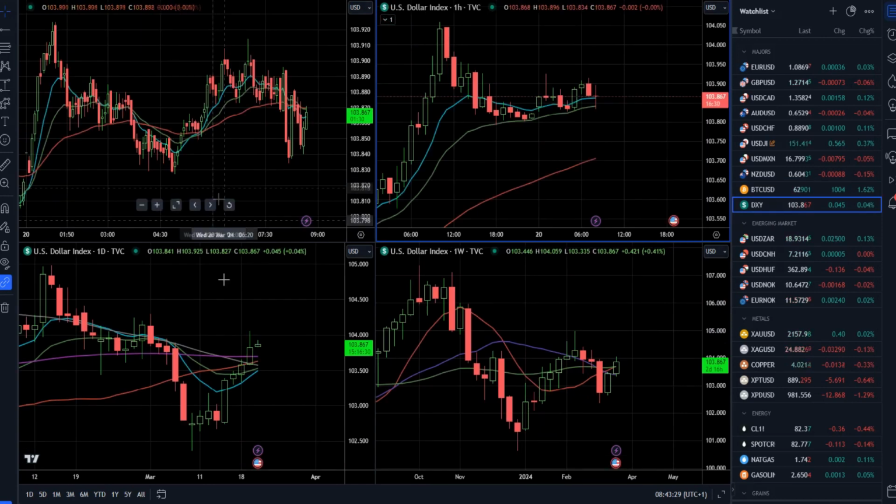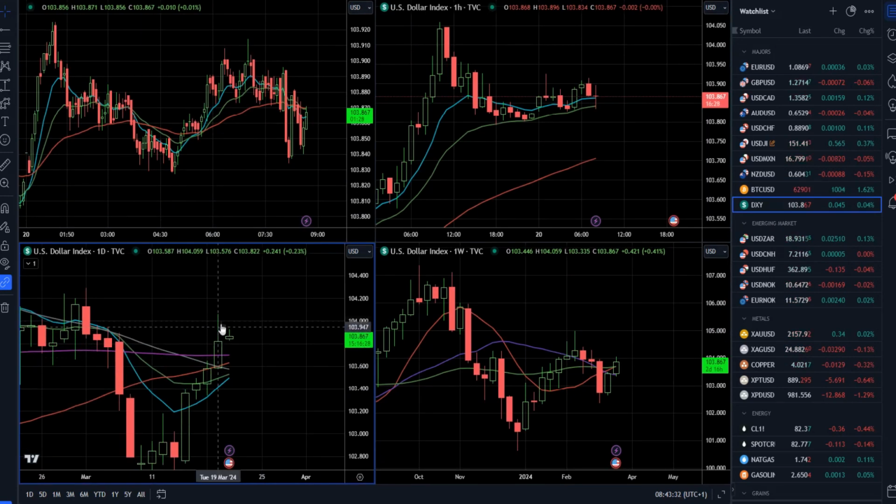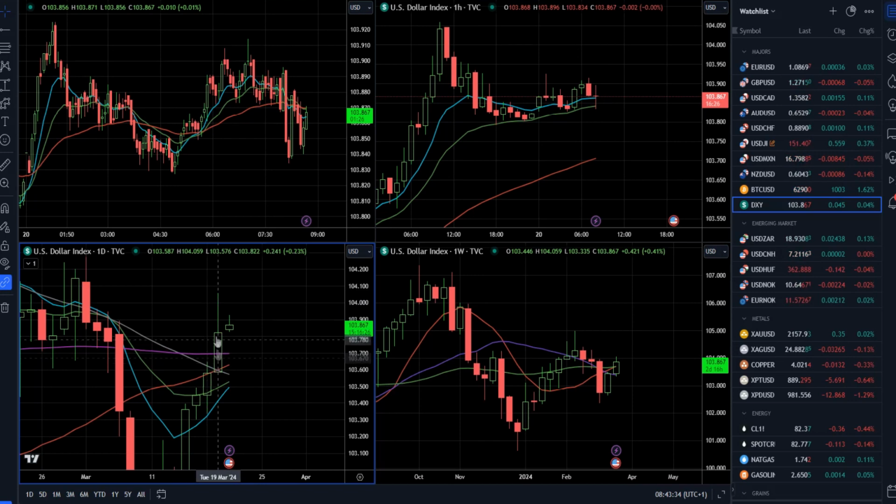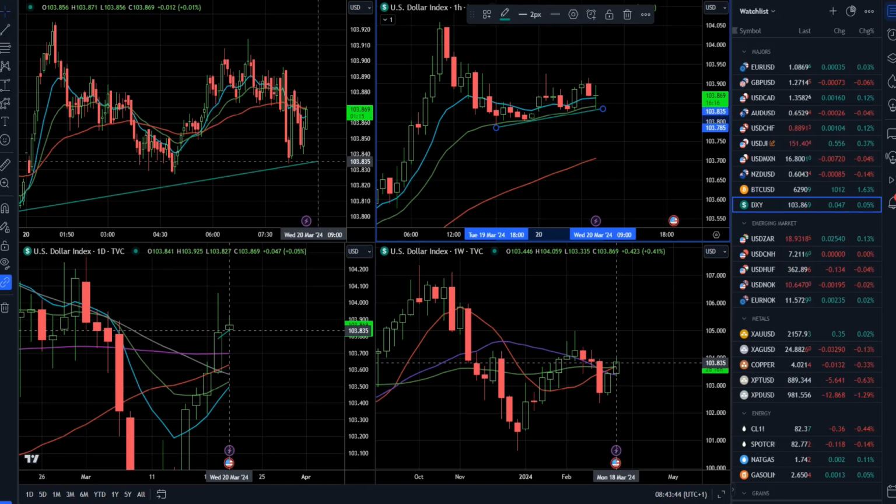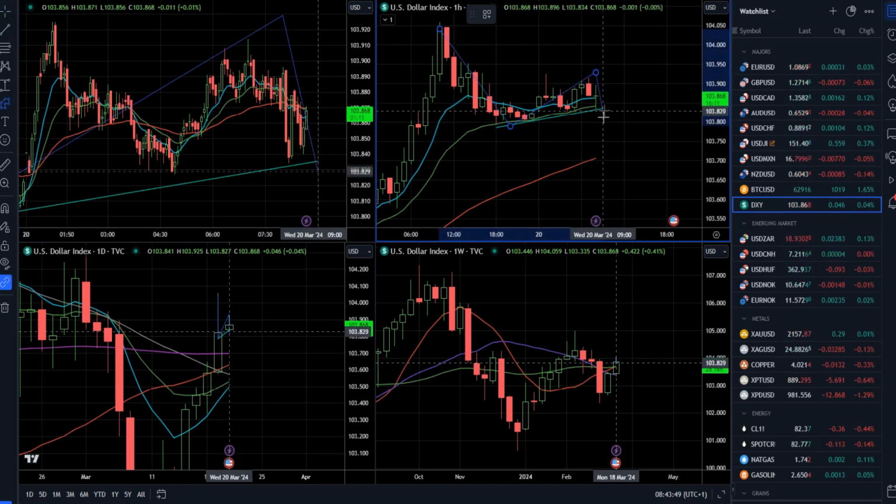Now, dollar index didn't have a strong close yesterday, so we had a close in the middle of the trading range, which is a sign of weakness overall. But the market is holding around those moving averages, trying to build higher lows at this point. There will be also a chance for maybe some kind of ABC correction if we can take the low.